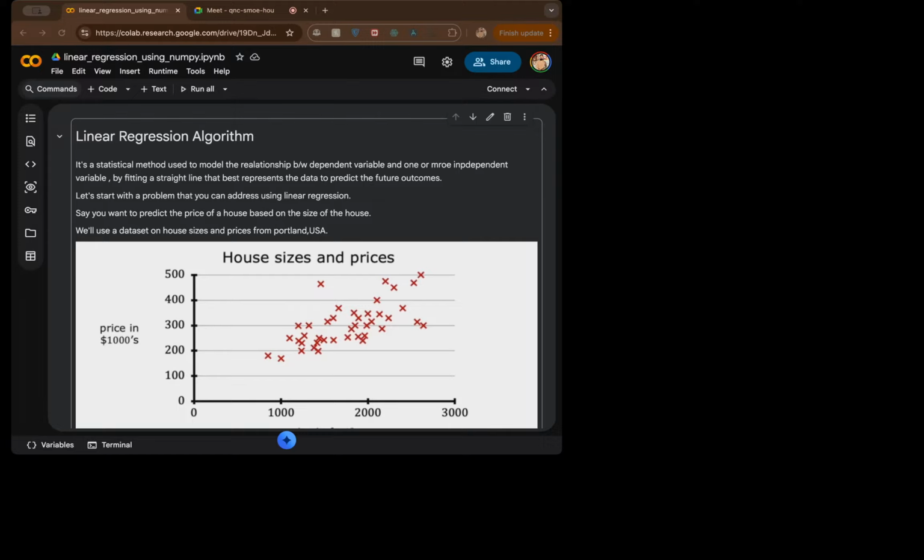But today we are going to understand how these libraries are built behind the hood on top of numpy. So today we are only focusing on linear regression.